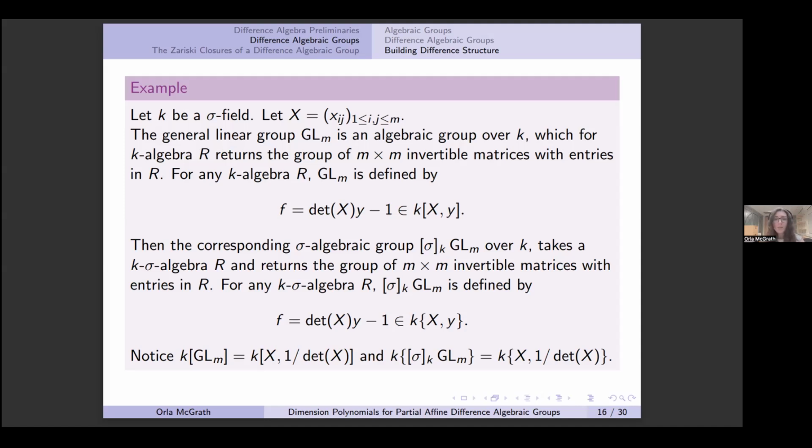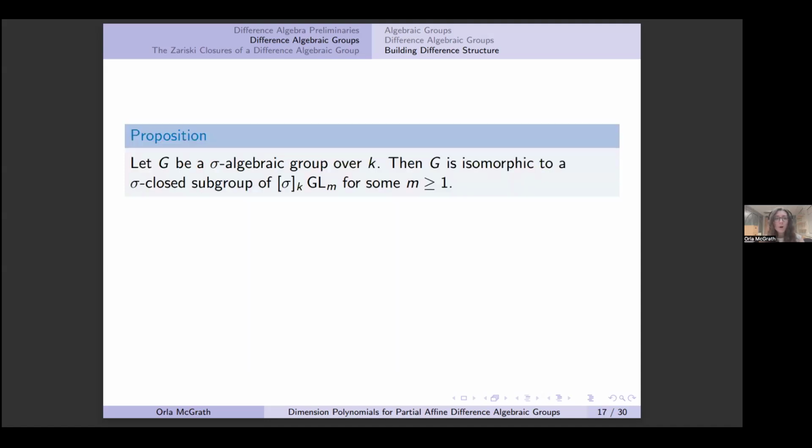So we have these difference algebraic groups now which we've made from an algebraic group. And we know a lot more about the structure of these than we do about a standard difference algebraic group. But luckily, we have this proposition, which is that any difference algebraic group can be embedded into a difference algebraic group of this type, and in particular into the general linear group.